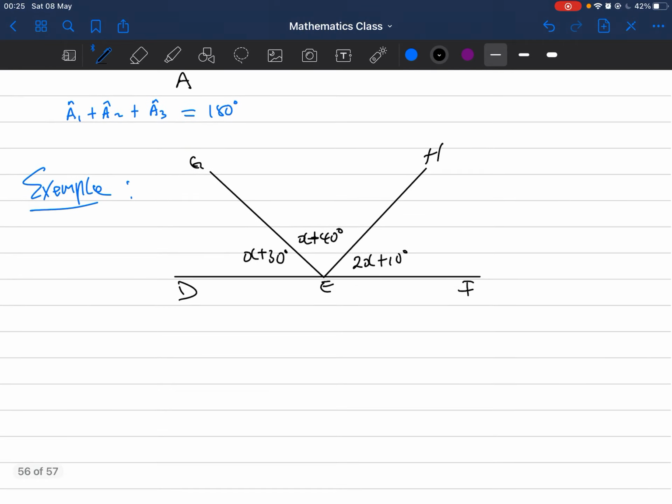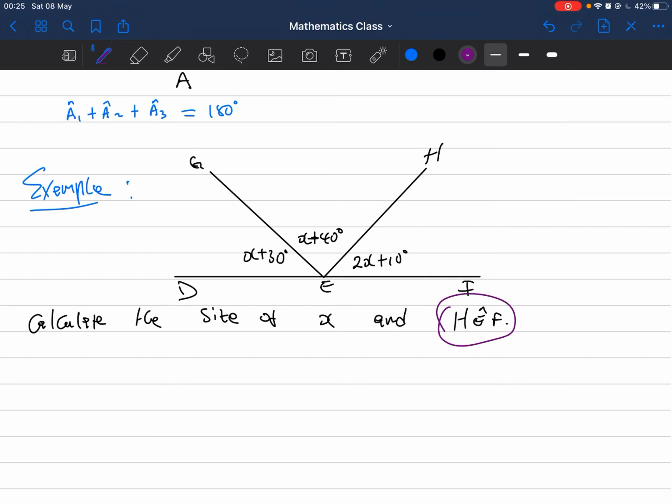They want you to calculate the size of x and of angle HEF. So we call this angle HEF. You start with H, then E and then F. So they're looking for the size of this angle.